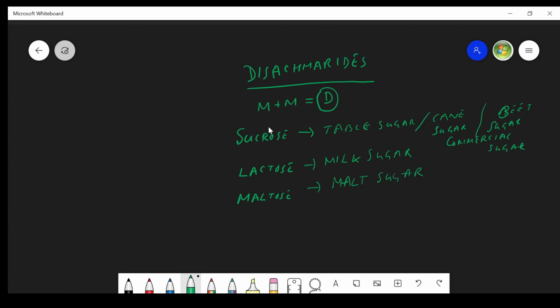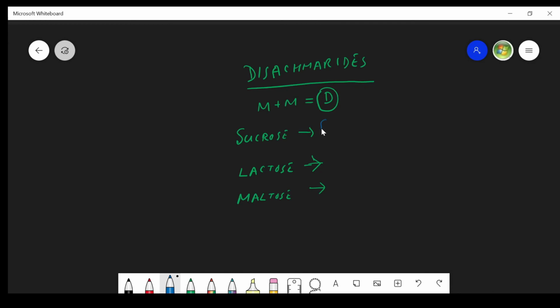Now let's see how this can be broken down into monosaccharides. If we use the enzyme sucrase, then it will be broken down into glucose and fructose.